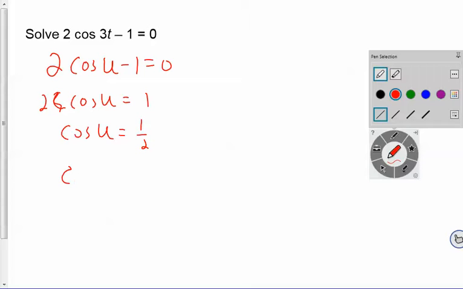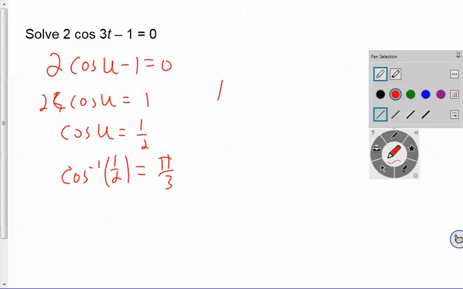So the arc cosine of a half: where on my unit circle is the cosine equal to a half? One place I know for a fact is pi over 3. And then its inverse, the negative.